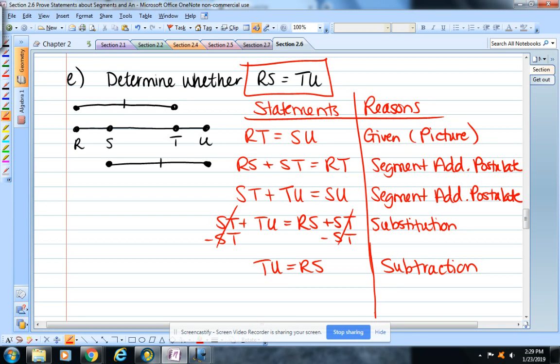What's wrong with it? It's backwards order. Well, what property says I can swap orders? Symmetric. So now I can say RS equals the length of TU because of the symmetric property. That was kind of long. Now, if I'd have rewritten it like that, I wouldn't have had to do the symmetric property. Correct? How are we going to get good, y'all? Practice, practice, practice.